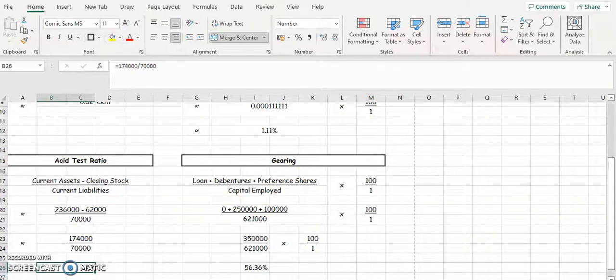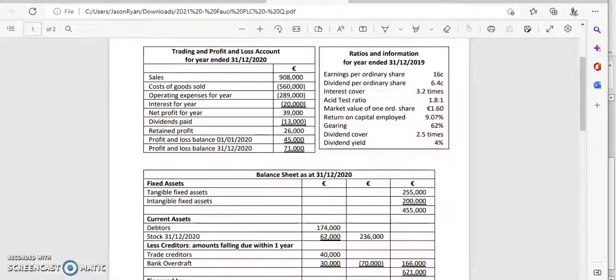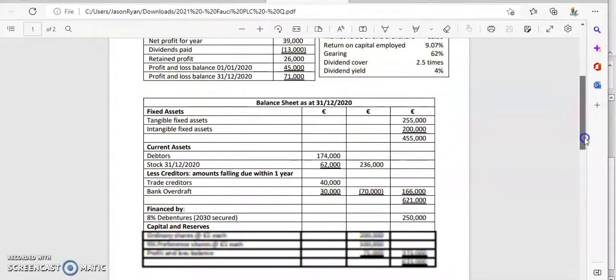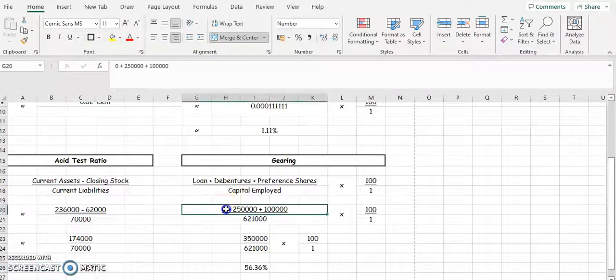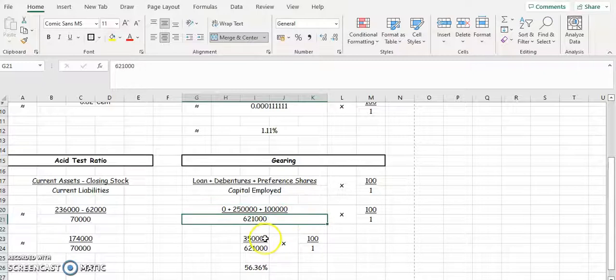So we go back and have a look at our question and see what loan and debt capital we have. So in our balance sheet, down at the bottom, we don't have any loans. We got our debentures, 250,000. We got our preference shares then of 100,000. Those two are going to be added together, and then your capital employed then is 621,000. So 250,000 plus 100,000 divided by 621,000.